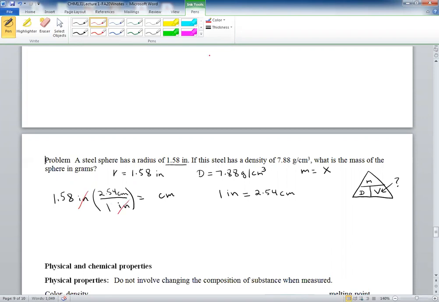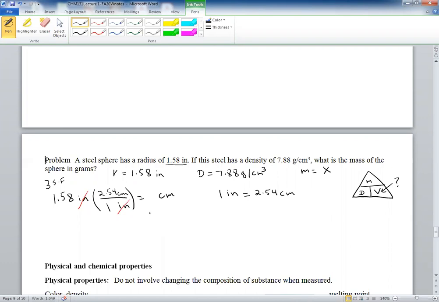Now, be aware of one thing here before we continue, and that is you don't round now. You still keep the whole numbers. But let's remember how many we started with. So we started with 3 here, 3 sig figs. We're still going to keep the same number here without rounding to 3 significant figures.